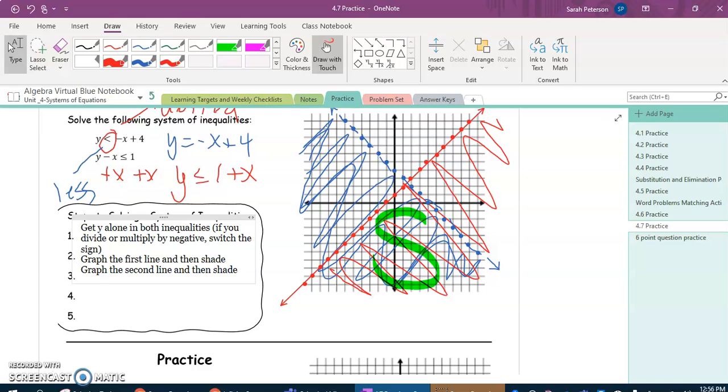Make sure you have arrows, and then you want to label your solution set with an S. And then if it asks you to identify a point in the solution set, identify a point in the solution set if necessary.